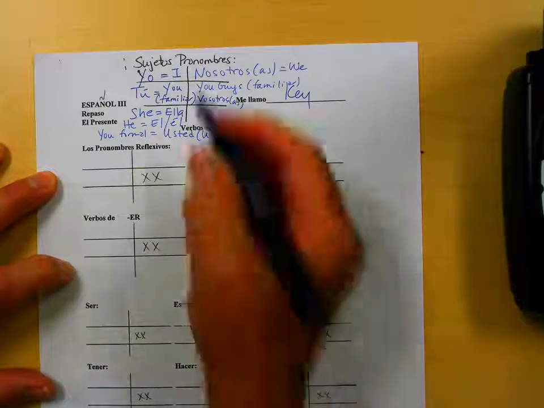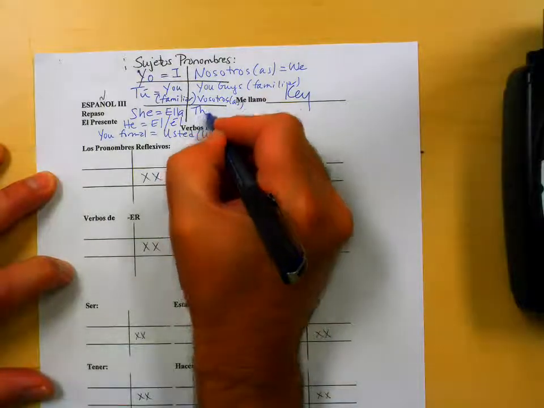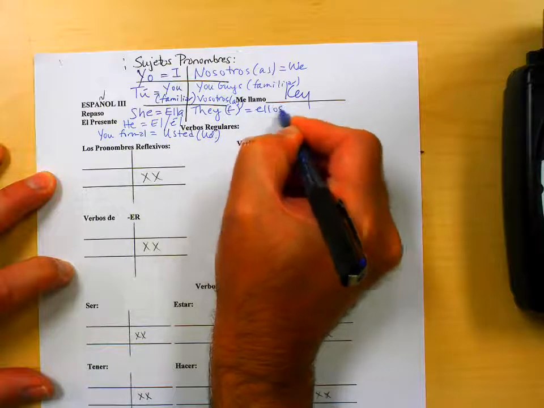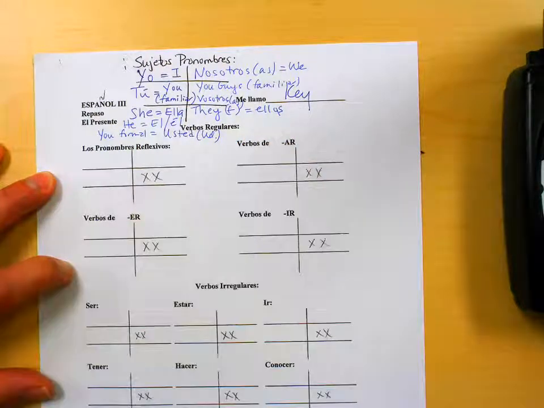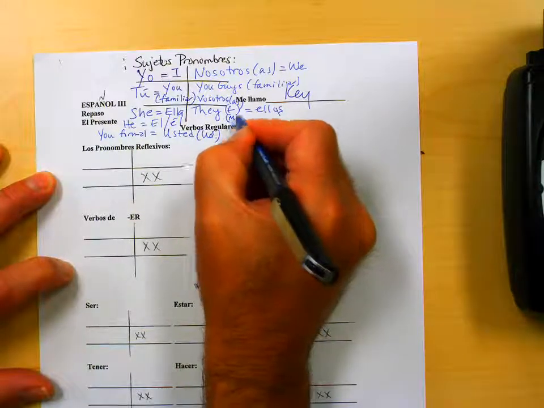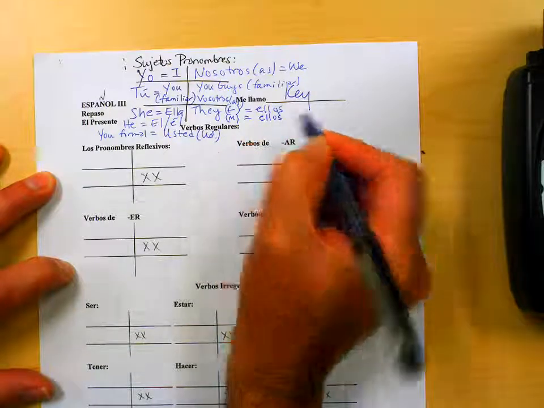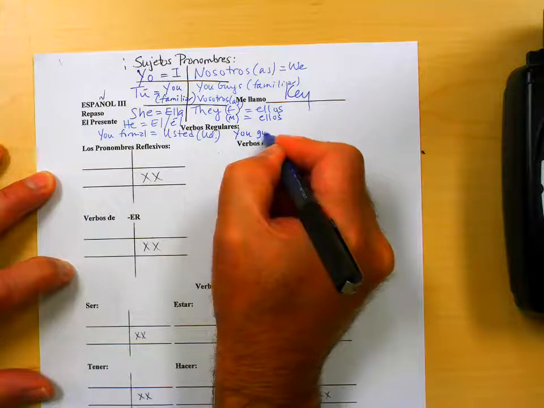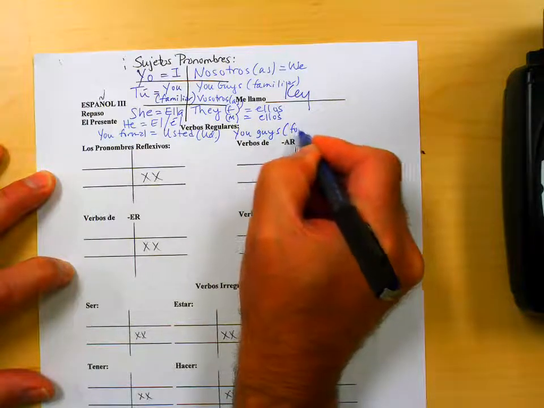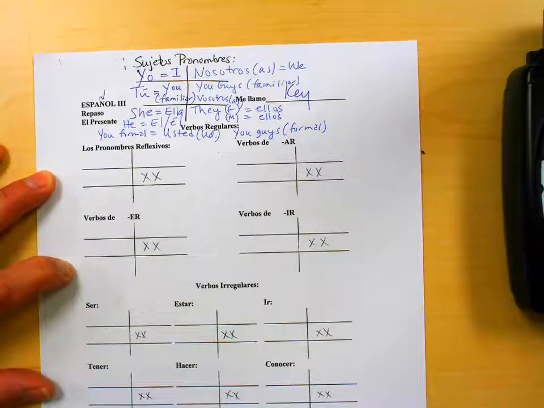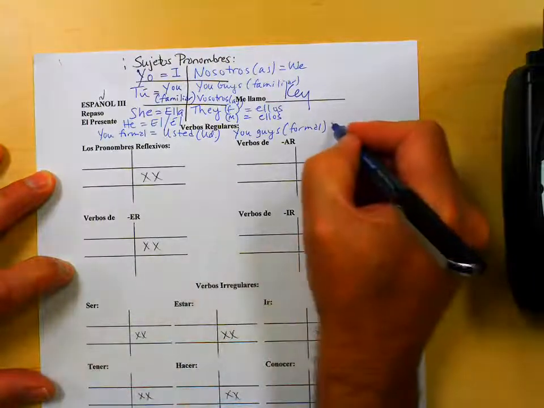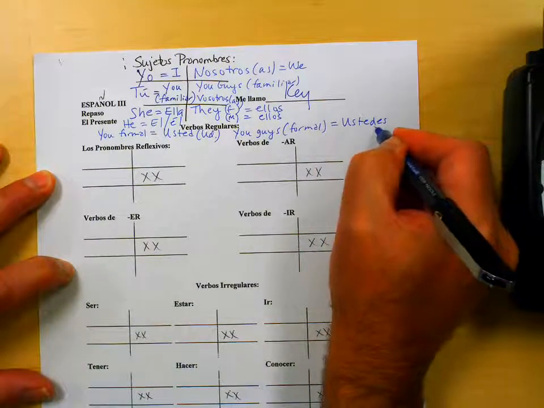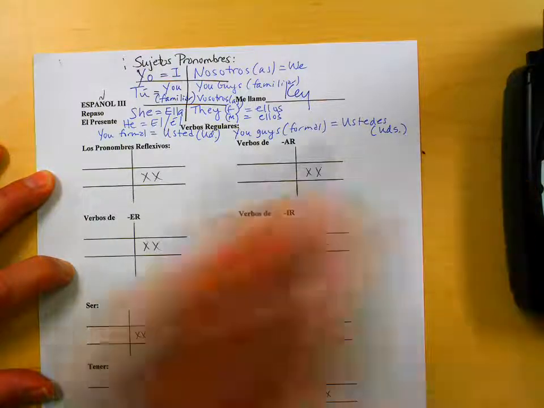Making she plural, we get they, the feminine form, which is ellas, I'm sorry, and the masculine form is ellos. Making usted plural, we get you guys. Again, this would be a group of people that you don't know very well, so you're being formal with them. That's ustedes. And remember, we abbreviate ustedes, capital U, D, S, period.